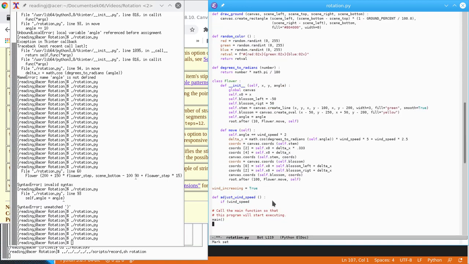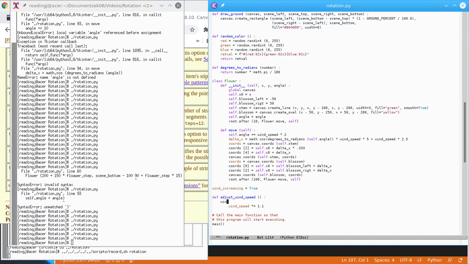So we're going to start this off at 2. So wind increasing equals true. If wind increasing, I don't need a paren there, that's C++, wind speed times equals 1.1. I'm going to change this.